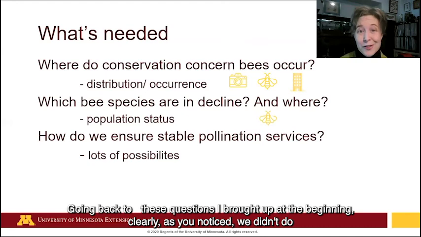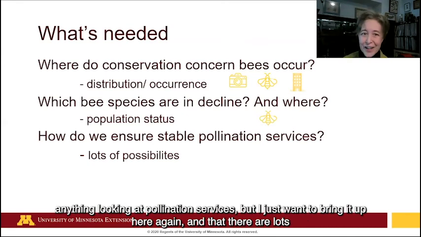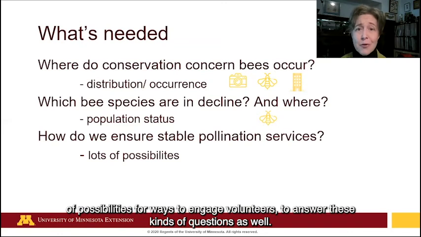Going back to these questions I brought up at the beginning, clearly, as you noticed, we didn't do anything looking at pollination services, but I just want to bring it up here again, and that there are lots of possibilities for ways to engage volunteers to answer these kinds of questions as well.